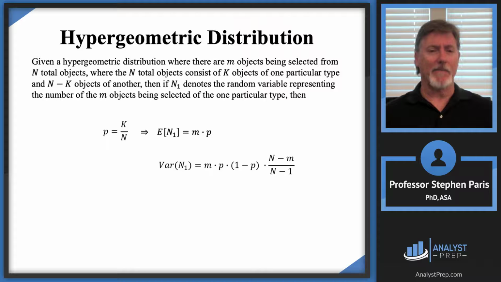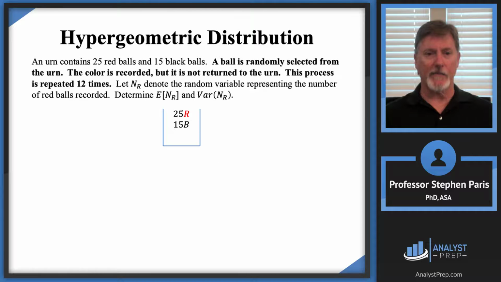If we define N sub 1 to be the random variable representing the number of the m objects that were selected that are of that one particular type, let's say red, and we define p to be K over N, then the expected value of the random variable is going to be m times p, and the variance is going to be very close to m times p times 1 minus p, but you have this extra factor, capital N minus m divided by capital N minus 1. I'm just giving you the punchline. I'm not trying to prove anything to you, but that's the punchline. So if we go back to our example here, we got a ball.